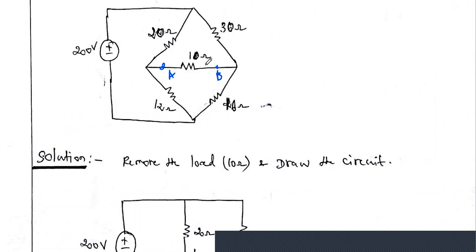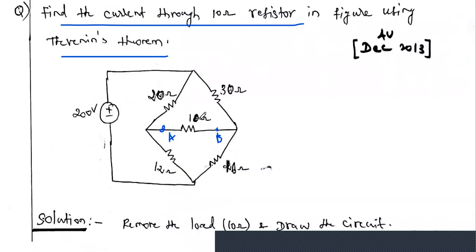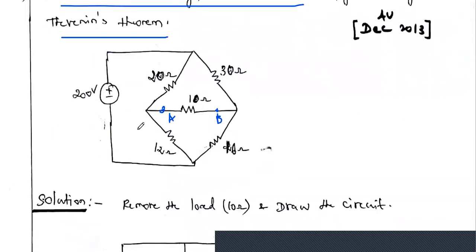The third step is to find the total resistance of the given circuit across AB, called RTH. After calculating VTH and RTH, we find the Thevenin's equivalent model. Finally, we connect the load to the last diagram and find the current. This is the procedure to solve the Thevenin's problem. We will discuss it one by one.